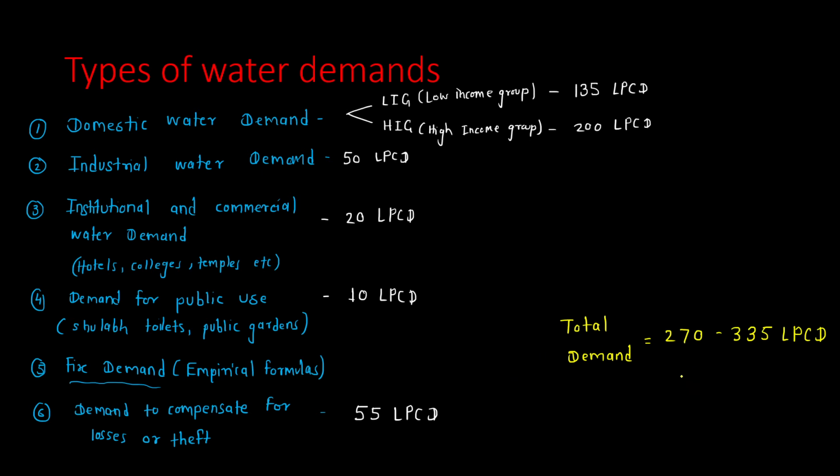It may vary, definitely, but for designing we have to take a certain value within this range. Now we will see the next one, the different formulas for calculating fire demand. Sometimes questions are asked from here. Calculation of fire demand.